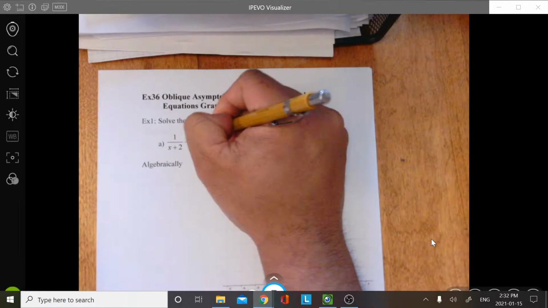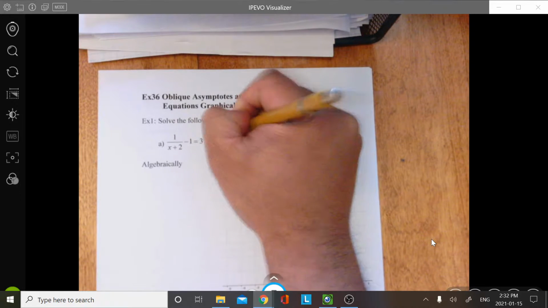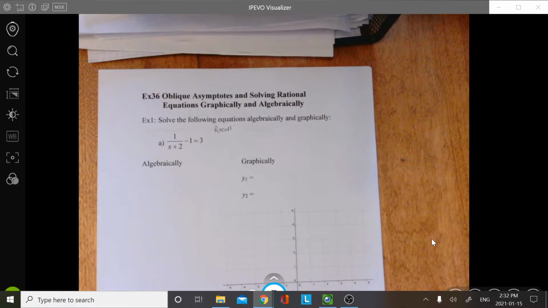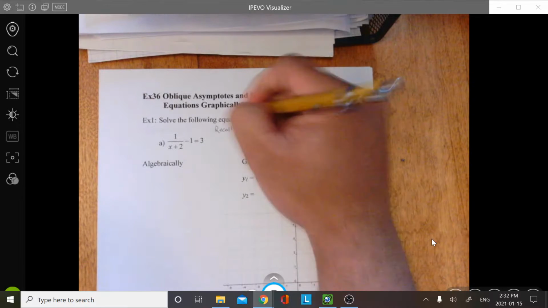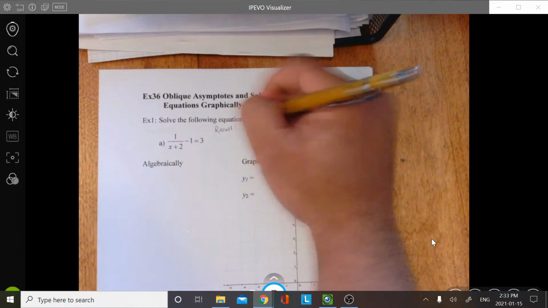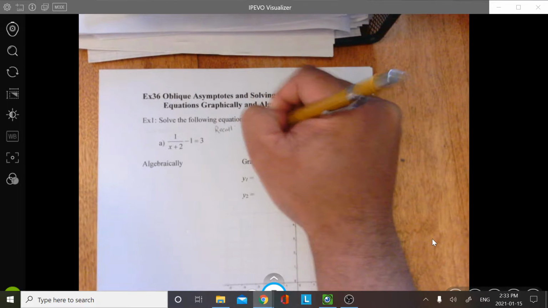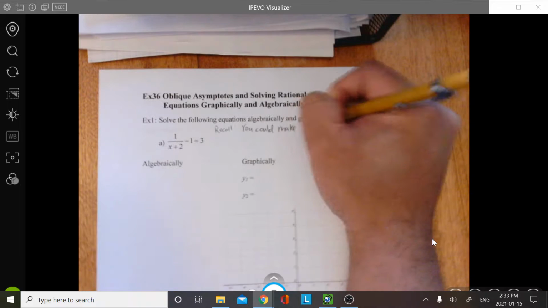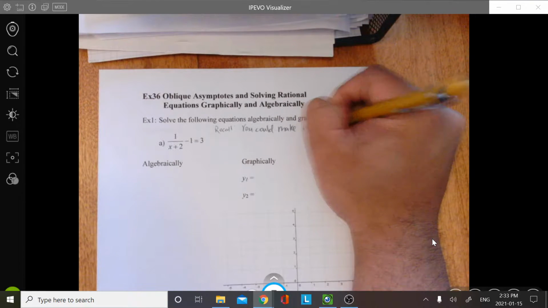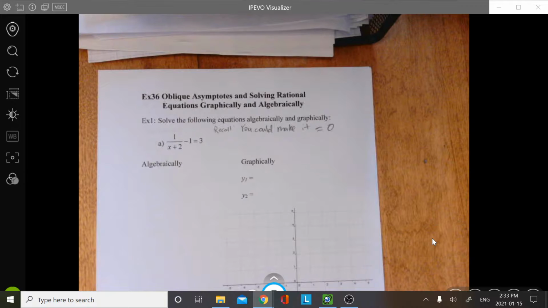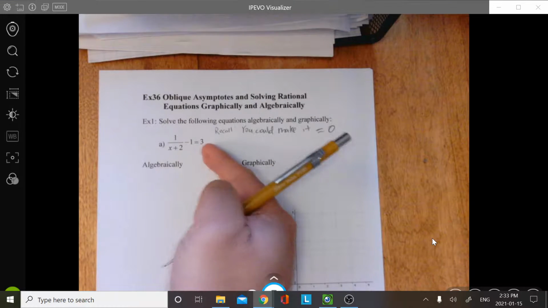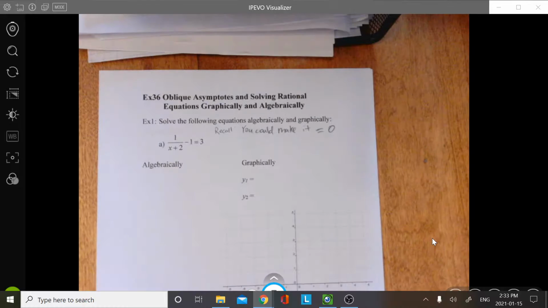So recall, in previous lessons, whenever there was an equation that we had to solve using the graph, there were two ways of doing it, right? Whenever you're given an equation, you can make one side equal to 0, so you move everything over to the left or everything over to the right.